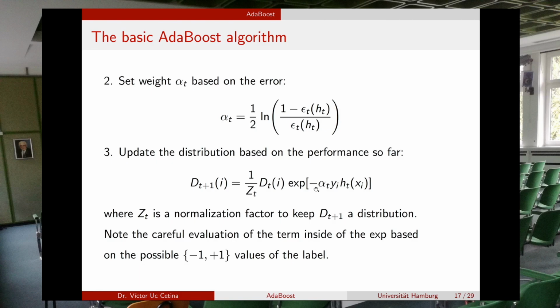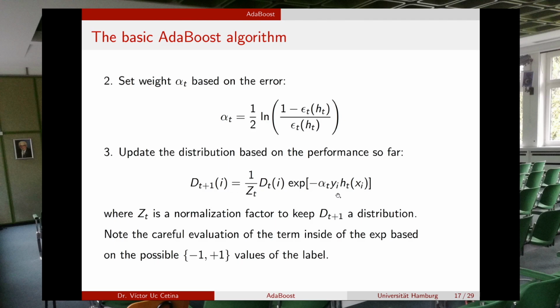So if the example I is correctly classified, we will have here minus alpha, and the exponential of some negative number will give you a number which is less than 1, so it's a fraction. And when you multiply that by D, you will reduce the D the next time.